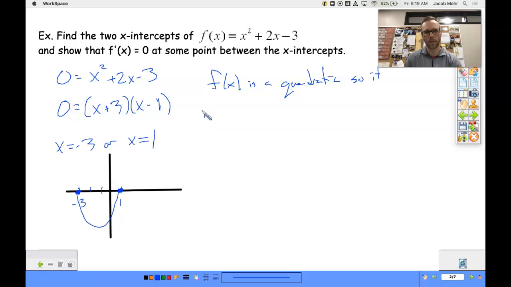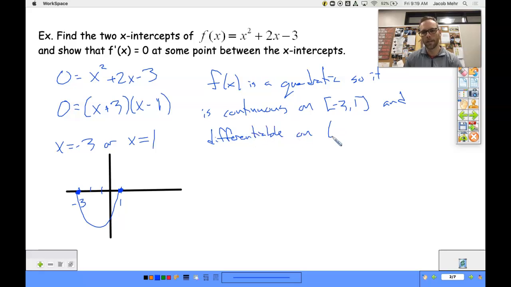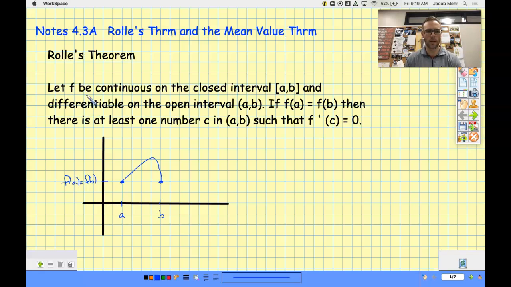So it is continuous on the closed interval -3 to 1, and differentiable on the open interval -3, 1. So just a quick reminder, endpoints aren't differentiable. Okay, we can only be differentiable on open intervals. Endpoints don't count.